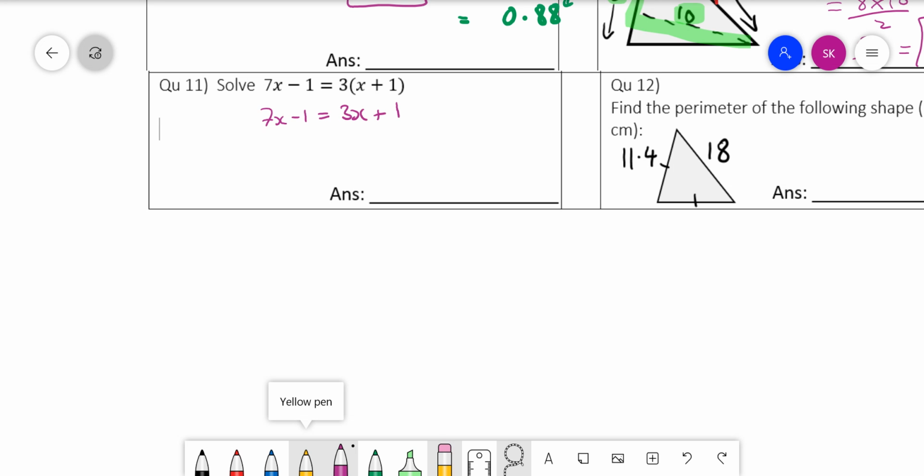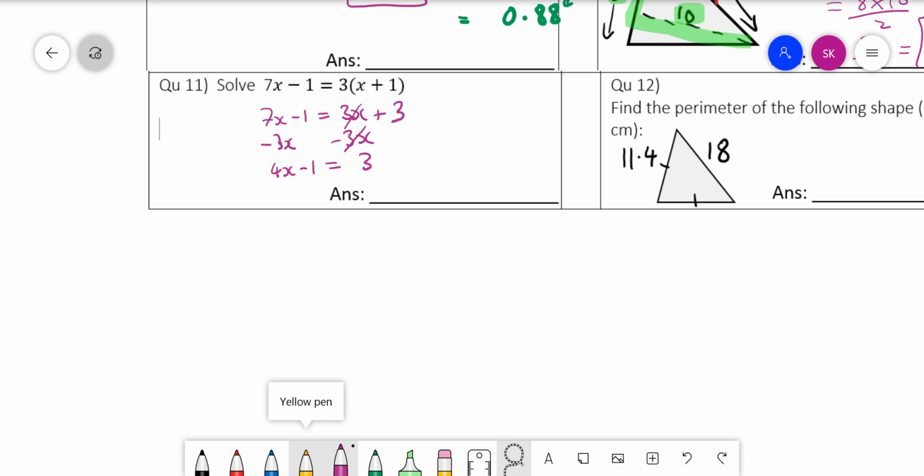Did you spot it? Who's watching? 3 times 1 is 3. Make sure we're expanding that bracket properly. X on both sides, get rid of the smallest x. We've got 7x minus 3x is 4x. Still got this minus 1. These have cancelled and we're left with this positive 3.